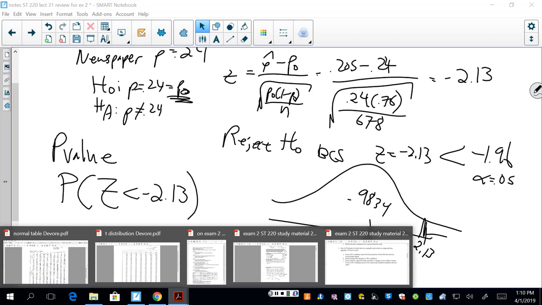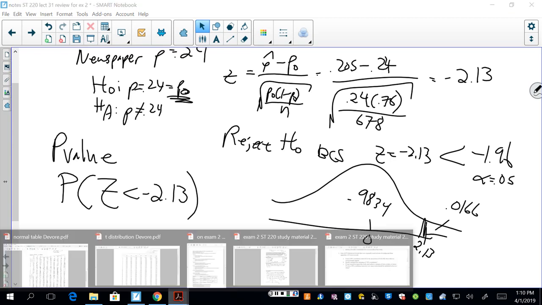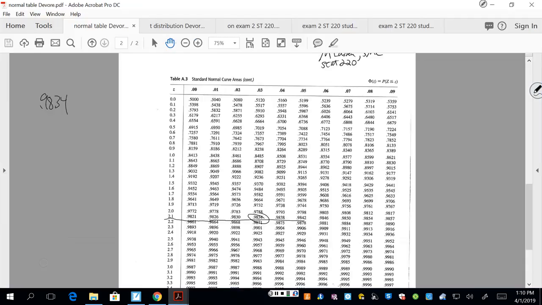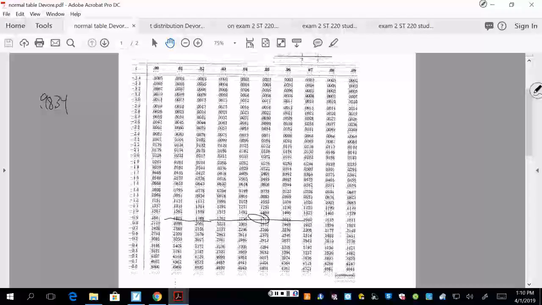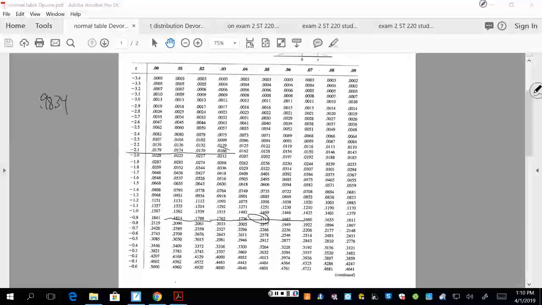It is negative. The tail area is 0.0166. That is what would be left over, so negative 2.13 is at 0.0166. That's the probability of being less than that.